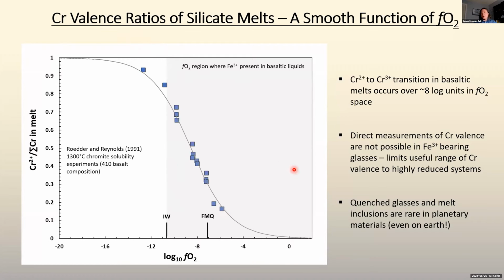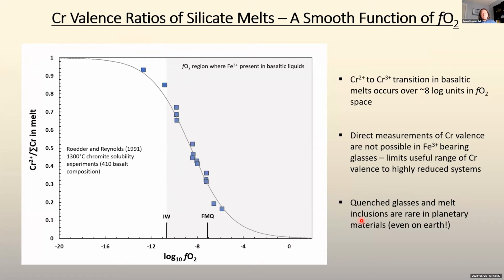And so this means we have to turn somewhere else to look for a more useful proxy that uses chromium valence as an oxybarometer. Finally, I'll also say that quenched melts, quenched glasses and melt inclusions are quite rare in planetary materials. This is true to some degree even on Earth. It's very rare that you actually have quenched glass anyway.